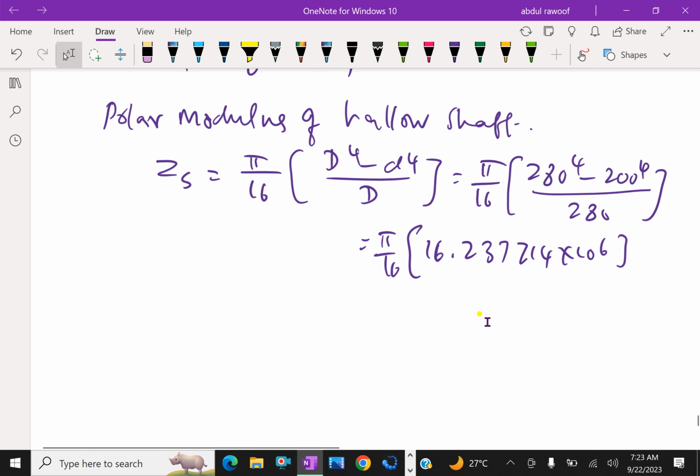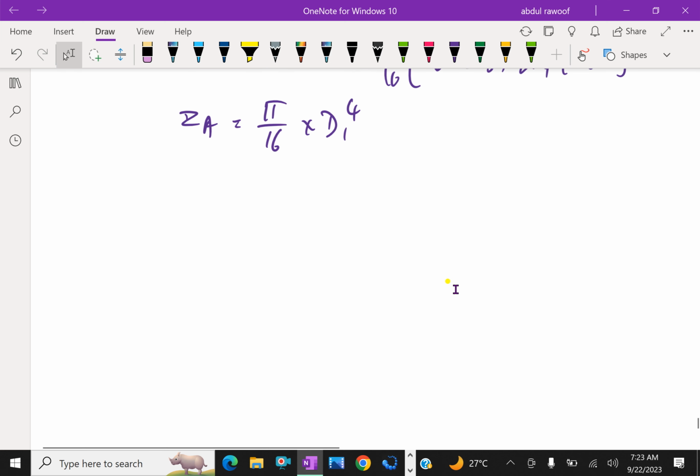Now this is Zs; ZA is for the alloy. The polar modulus of the alloy shaft is pi by 16, a solid shaft, let it be D1 power 3. Now equating both, because Zs equals ZA, the polar modulus of the hollow shaft is equal to the polar modulus of the alloy shaft.